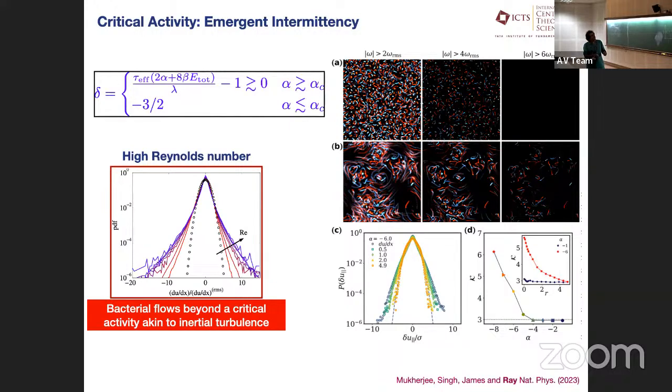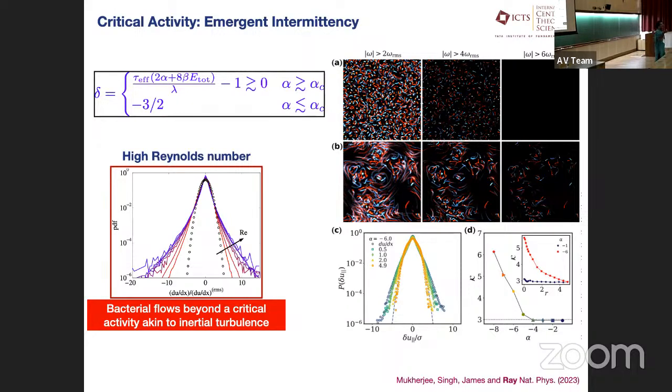mildly active suspensions, things fall into a Gaussian. As you push things just beyond the critical activity, you end up getting fatter tails. And what we are able to do is look at the kurtosis, which is technically the quantitative way to measure whether a system is intermittent. The kurtosis is essentially taking ratios of moments of various powers.